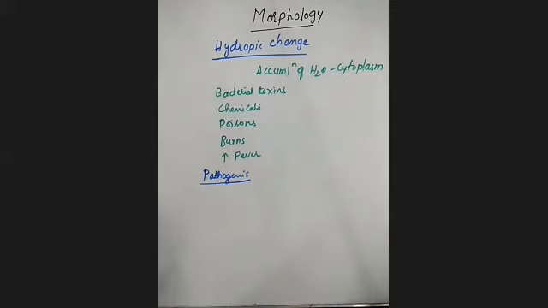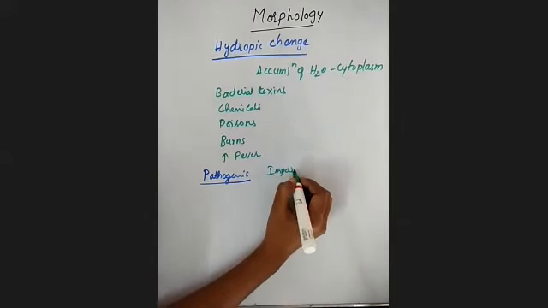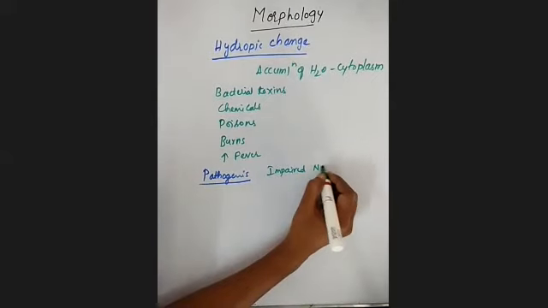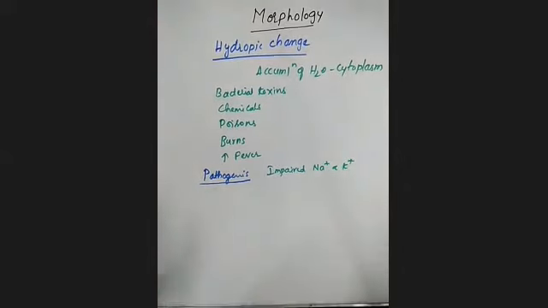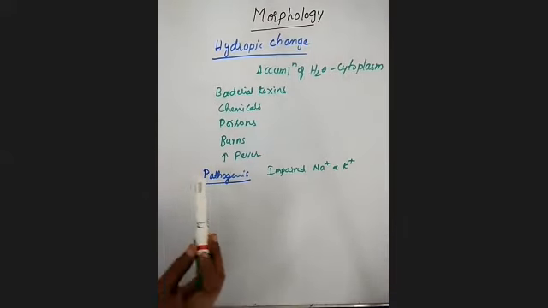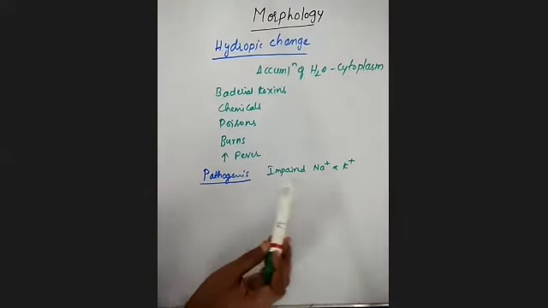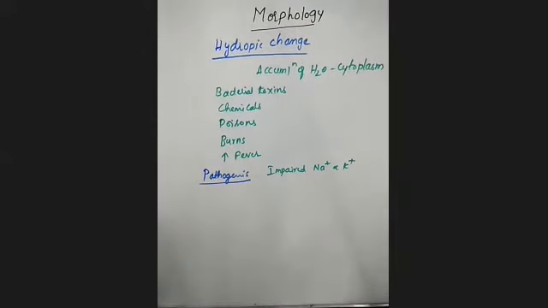Because of all these causes, there is impaired regulation of ions, which leads to impaired regulation of sodium and potassium ions in the cell membrane.